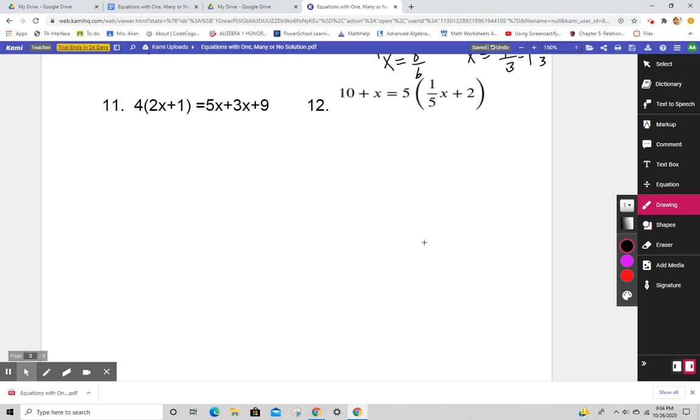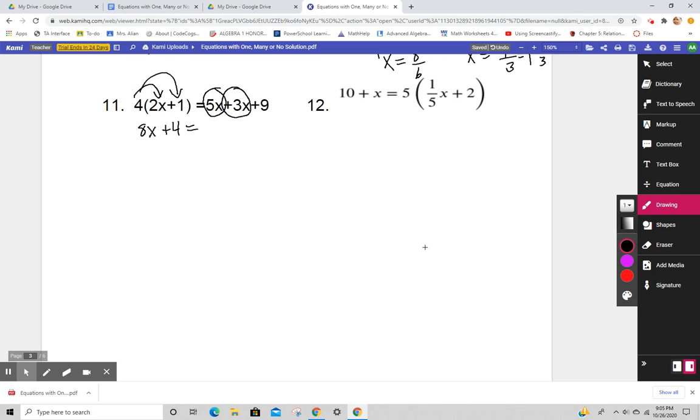All right, let's keep going. So let's distribute first. This will give us 8x. 4 times 1 is 4 equals, well, let's combine like terms here.